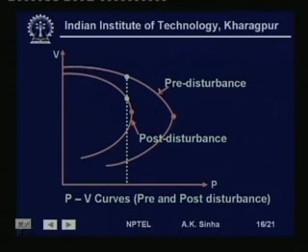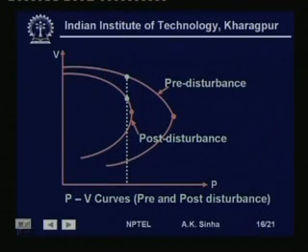Now, the same thing can also occur when a disturbance or a contingency takes place. That is, if a transmission line was carrying power and it is tripped, then the initial PV curve is like this, but after the tripping of the transmission line, the voltage is going to go down for the simple reason that the same amount of power is now being carried by other lines.